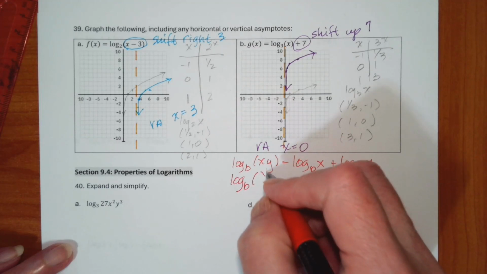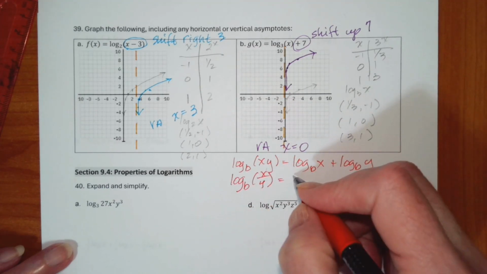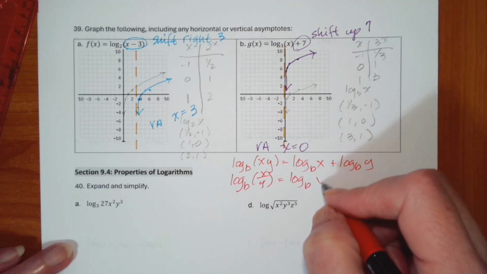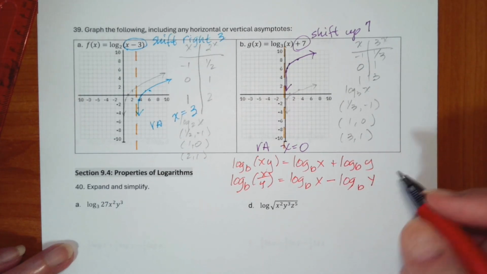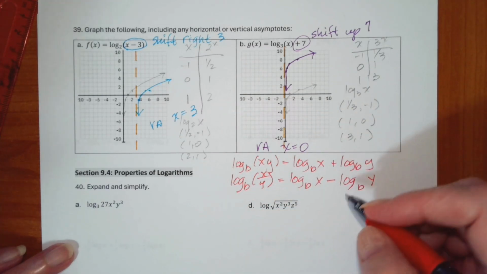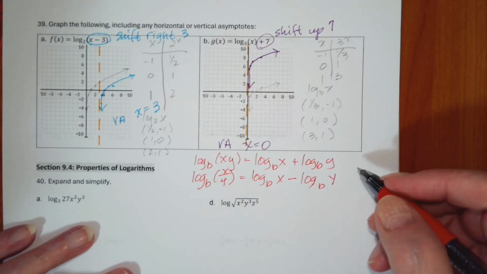Log base b of x over y is equal to log base b of x minus log base b of y. And I didn't leave enough room here.